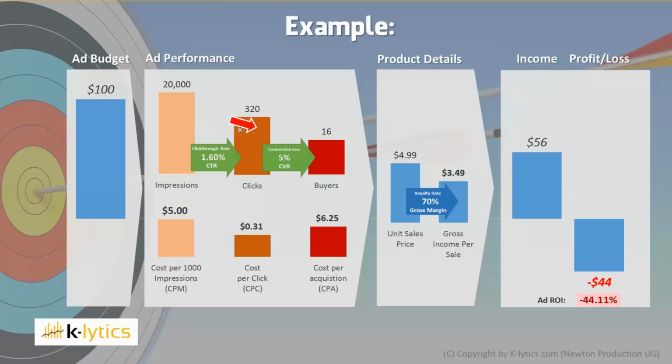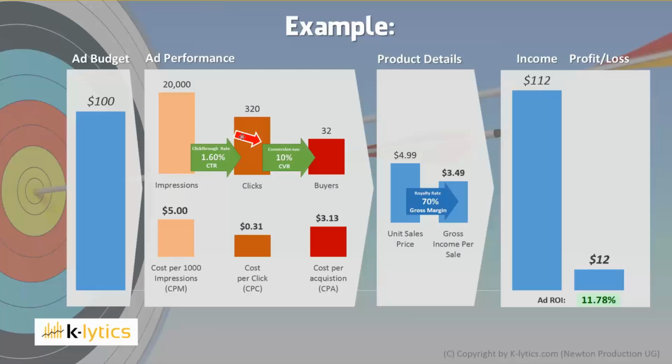And let's say as a second step, the higher relevancy of the ad to the people who click on it will increase your conversion to 10%. So you get 32 buyers who buy the book at $4.99, each generating $3.49 in royalties for you, which is an income of $112, which gives you a positive ROI on the advertising spend.